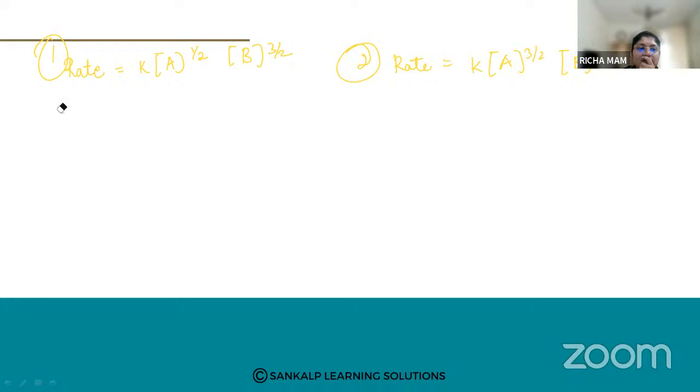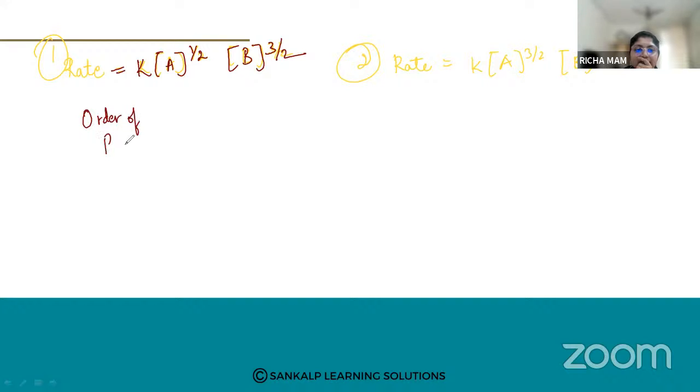See here, what is the question here? They have given a rate equation: A raised to 1 by 2, and B raised to 3 by 2. This is the rate equation. So what is order of reaction? It is the sum of the exponents, the sum of the powers of the concentration terms of the reactants.